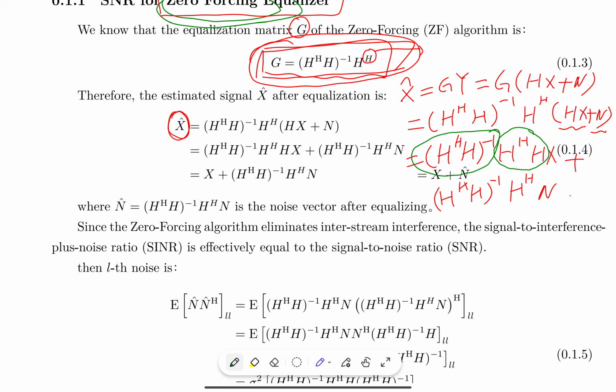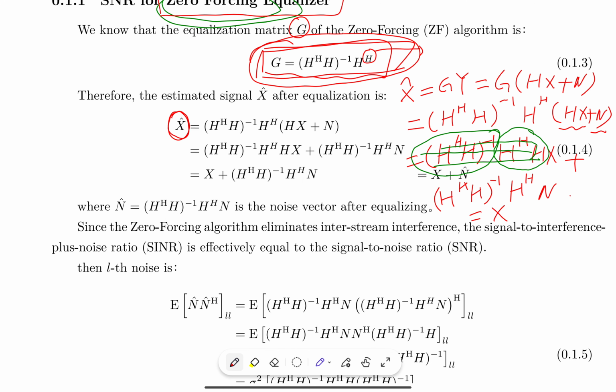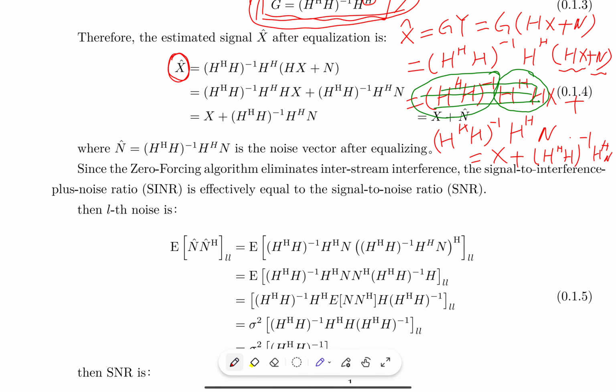So both are cancelled. Finally we get the expression X plus the inverse of H times N. So now we know the estimated signal is like this one.